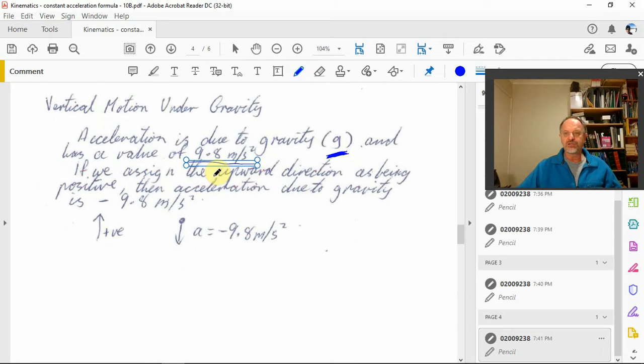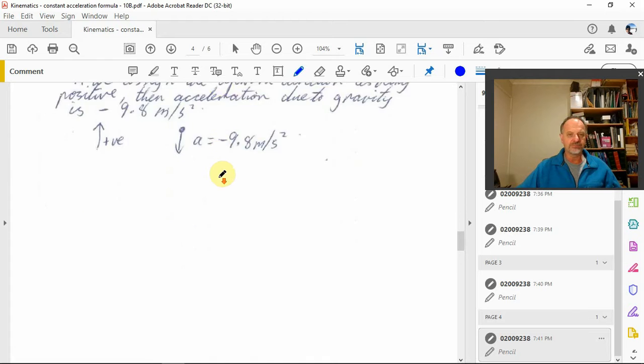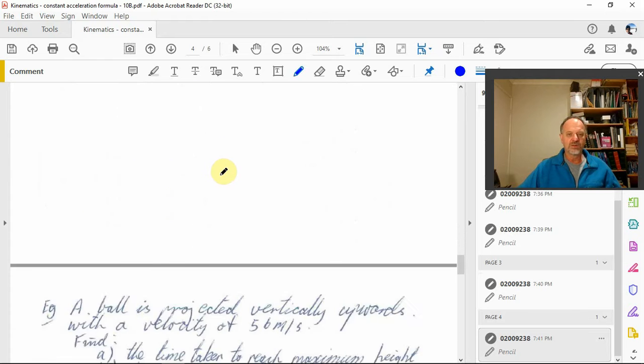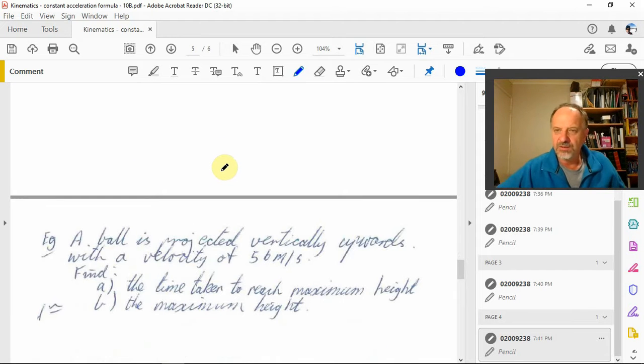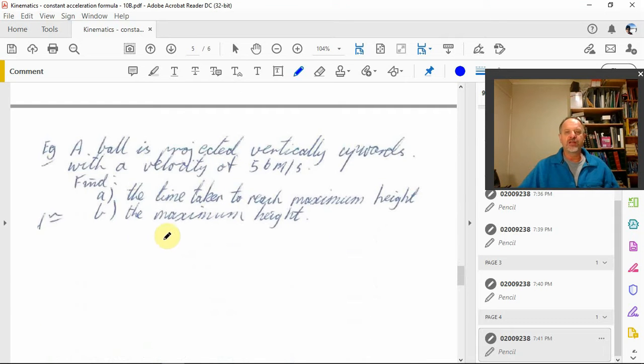All right, anyway, I'm starting to waffle on. So vertical motion, it's constant acceleration, so we can use one of those formulas. All right, so here's an example. A ball is projected vertically upwards with a velocity of 56 meters per second. Find A, the time taken to reach the maximum height, and B, the maximum height.